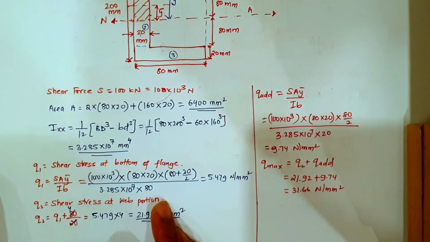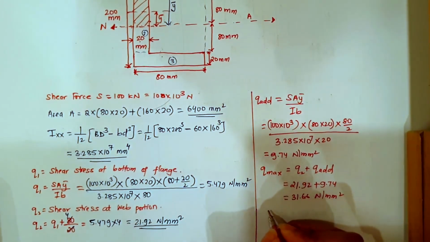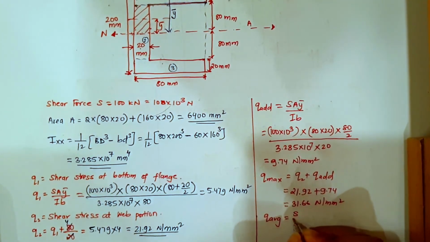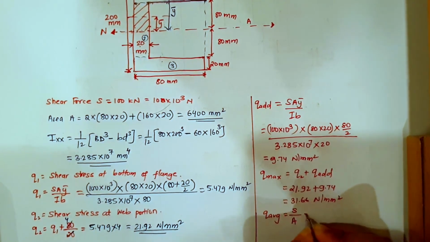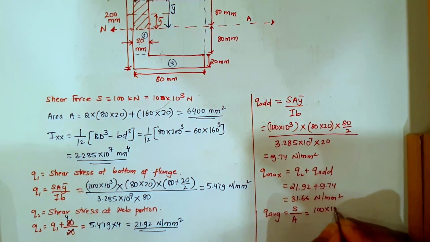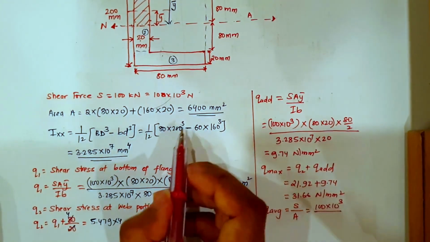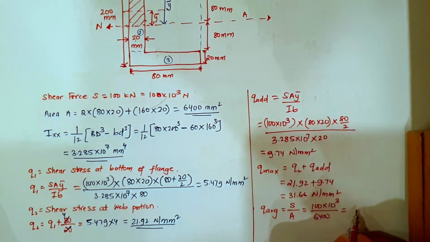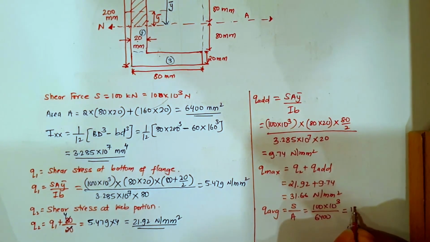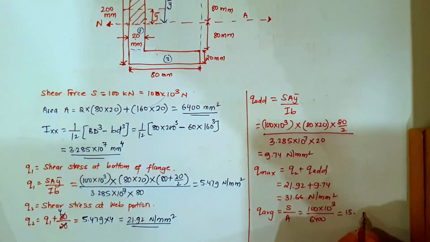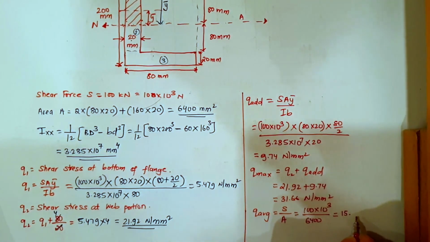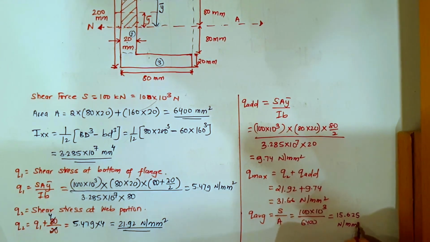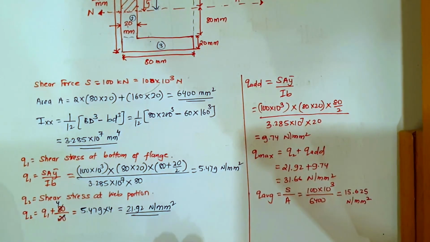Now how do we find Q average? Q average will be equal to shear force by area. Shear force is 100 into 10 raised to power 3 divided by area. We got 6,400. So from here you will get shear stress equal to 15.625 Newton per mm square. Okay, so now let us find the ratio.